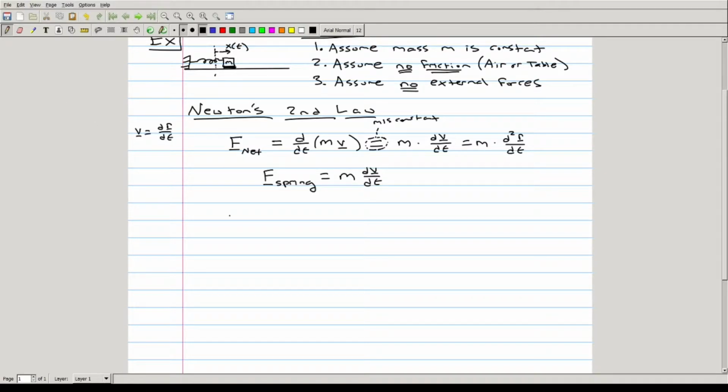So this net force vector is just going to be the force vector of the spring force. And our first modeling question here is going to be, well, what is this spring force vector? Or what's the force of the spring acting on a given mass?